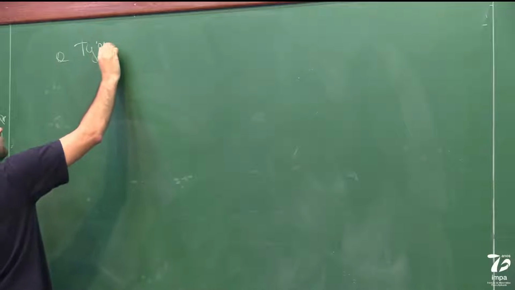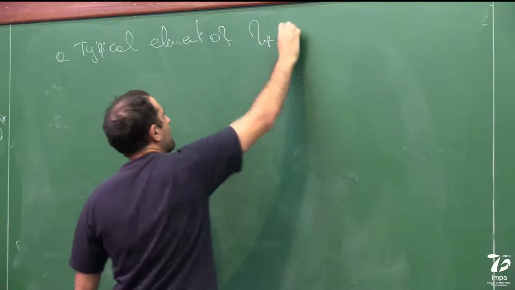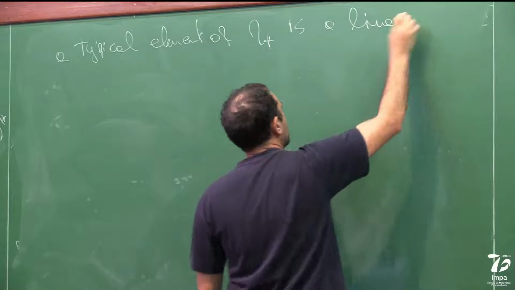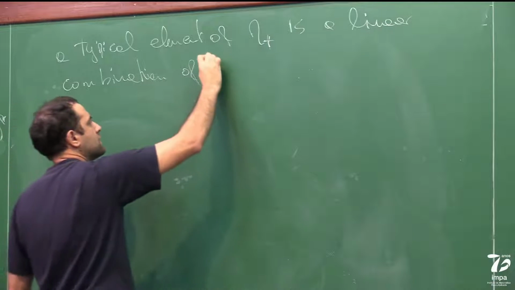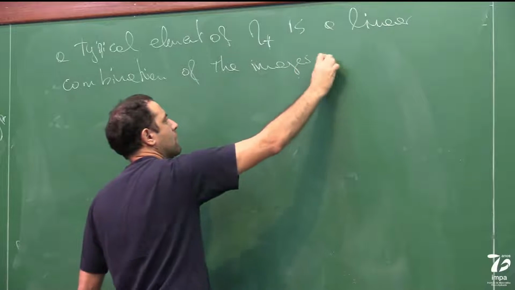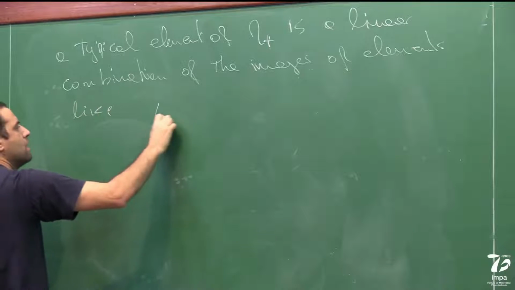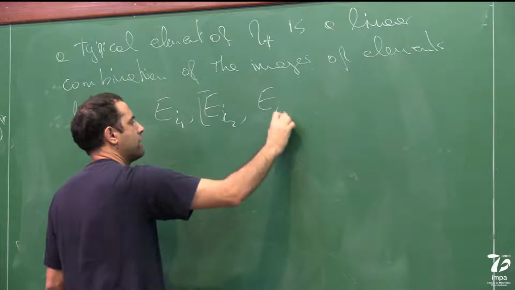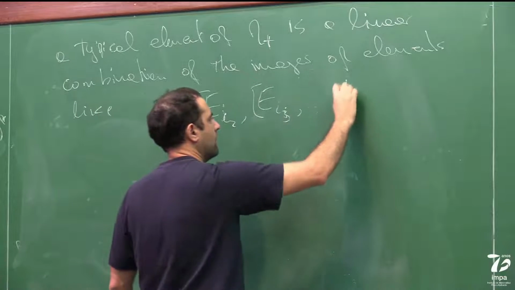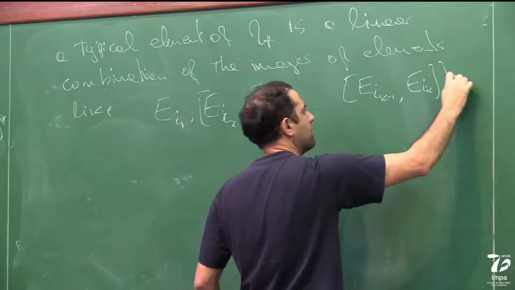So a typical element of N plus is a linear combination of the images of elements like e_i1, e_i2, e_i3, ..., e_i(k-1), e_ik, and then you start taking all the brackets.